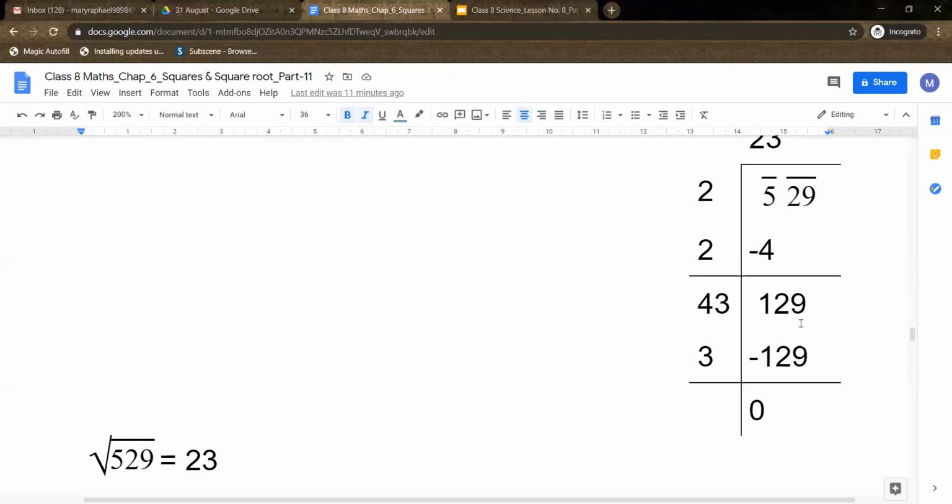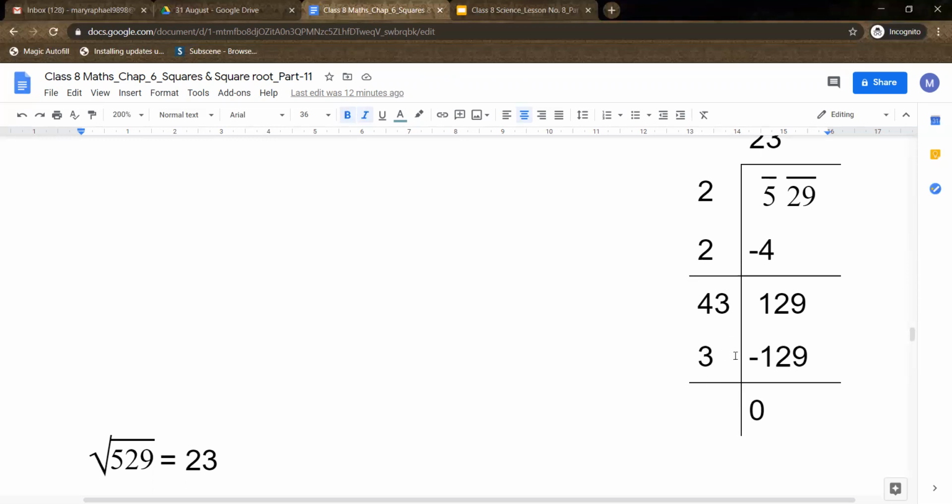Do you remember that? Because 3 3s are 9, 7 7s are 49, also 9 comes. So those two digits, either 3 or 7, can come. So first you try with 3. After 4, adding 3, it becomes 43. Then 43 is multiplied with the new digit 3.